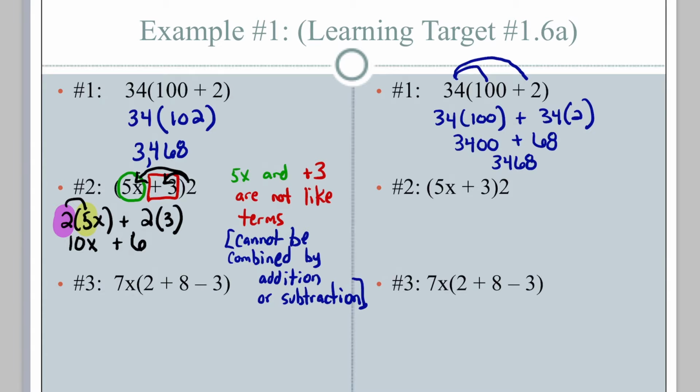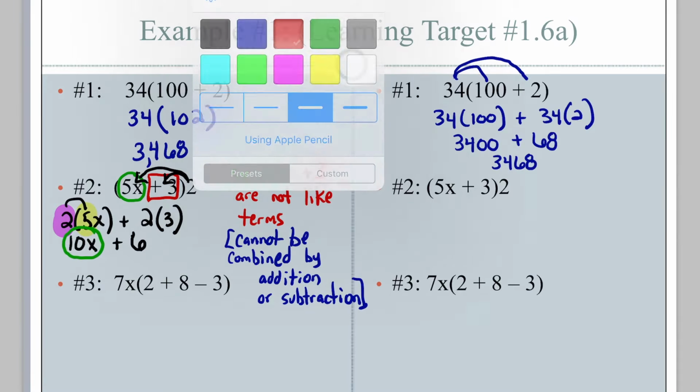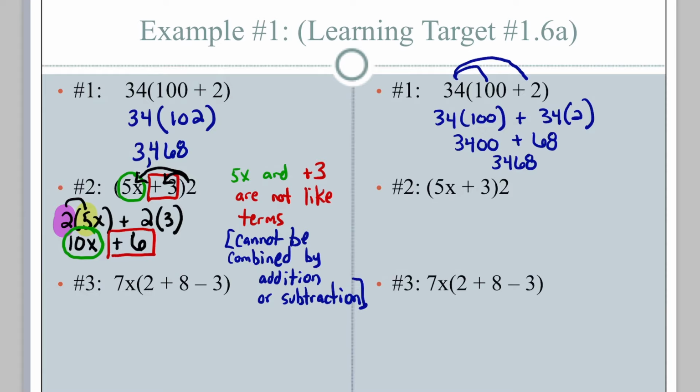And so the question I ask is, are 10x and 6 like terms? Well, this is a term. The plus 6 is a term. Do they have the exact same variable raised to the exact same power? Well, x is the variable in 10x. 6 does not have a variable, so they do not have the exact same variable, so they are not like terms.